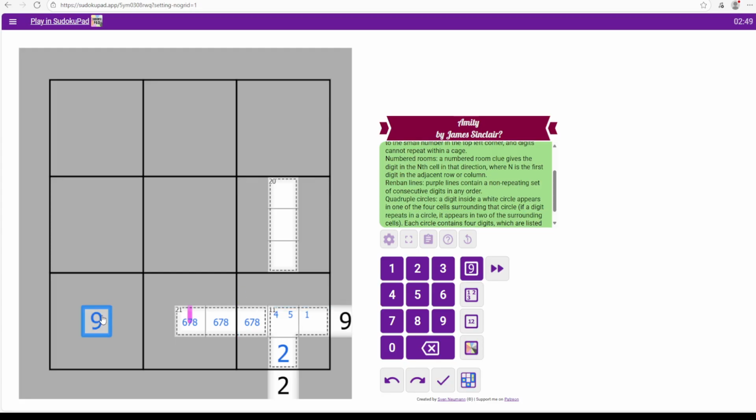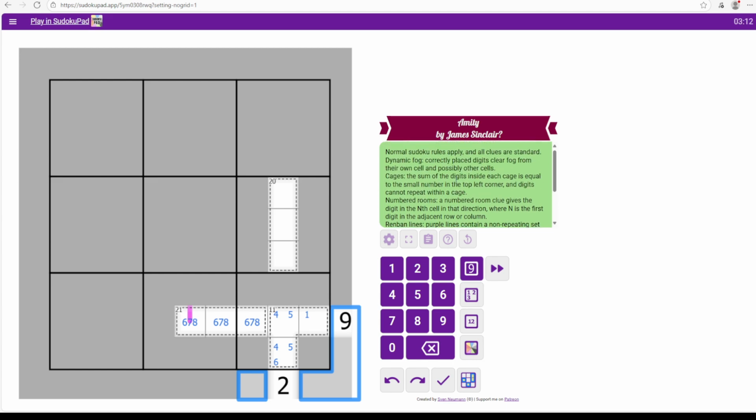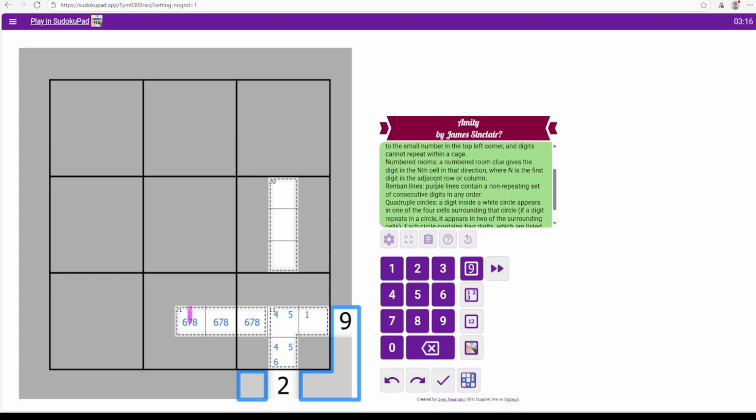So I'm trying to figure out how on earth this dynamic fog works. Numbered room clue, which I'm assuming are the ones on the outside, because the rest of your quad circles, red bands, and cages doesn't apply to any of those.